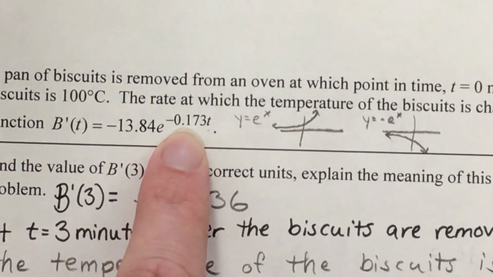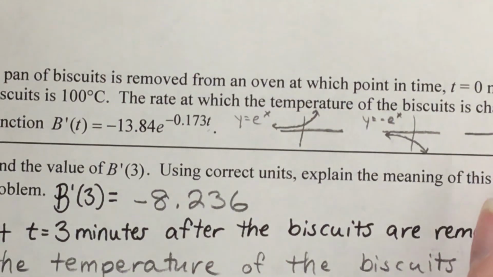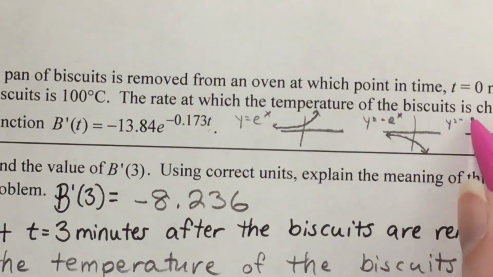But then we have e is to a negative number instead of to a positive number. Okay, so that graph is going to look even different. This would be y equals like 1 over e to the x. And negative, of course. Negative 1 over e to the x would be something like this.